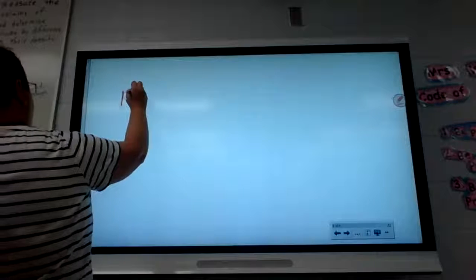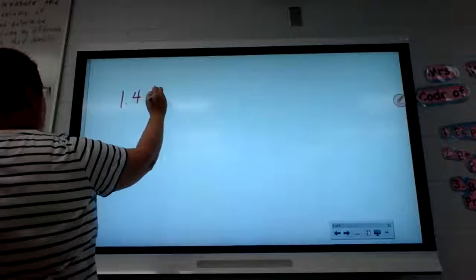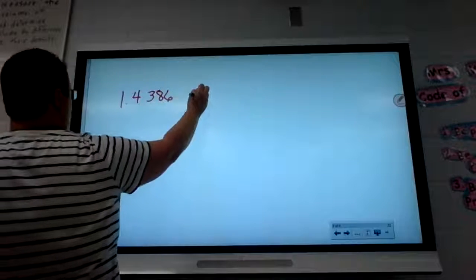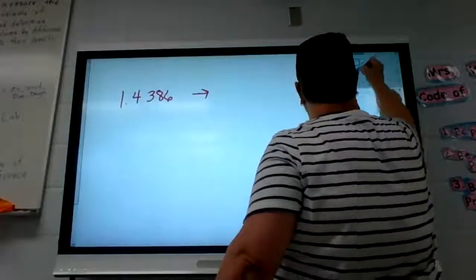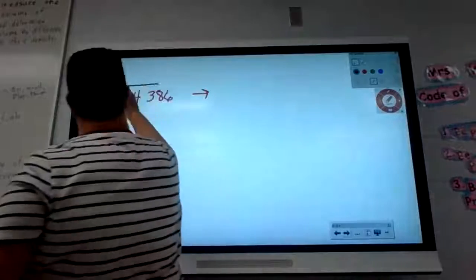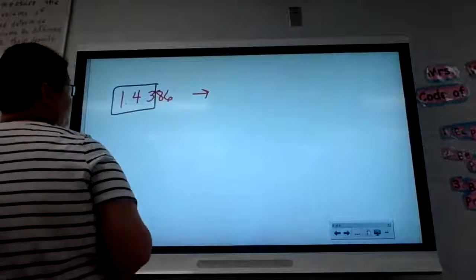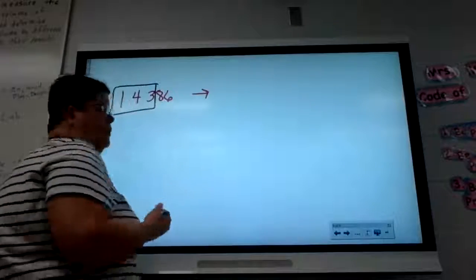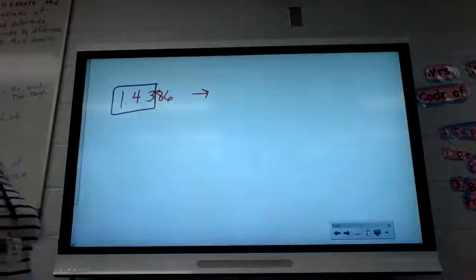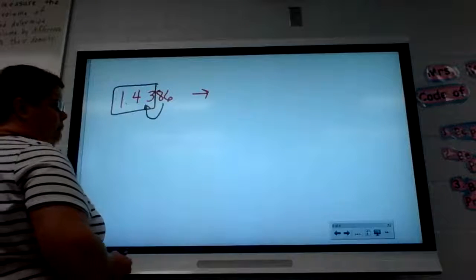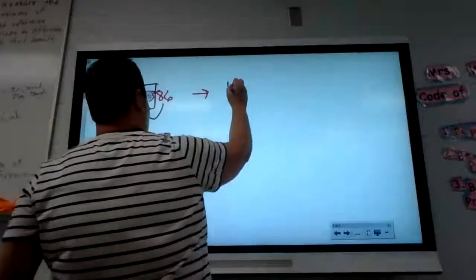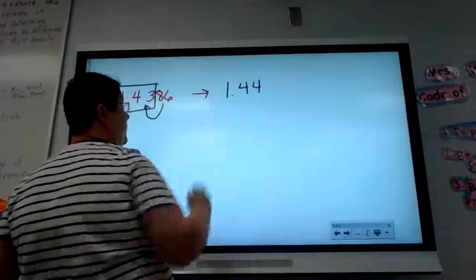All right, so in the first question, they give you 1.4386. And I want that rounded to 3 significant digits. The first 3 significant digits are these 3. Now, if you learned in math class how to round, this 8 causes that 3 to do what? So the right answer is 1.44.